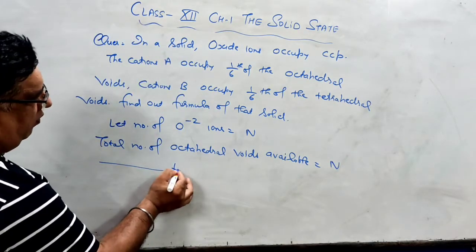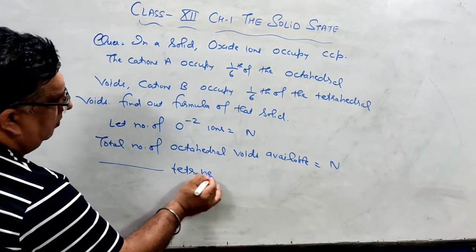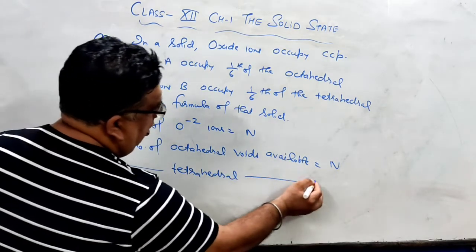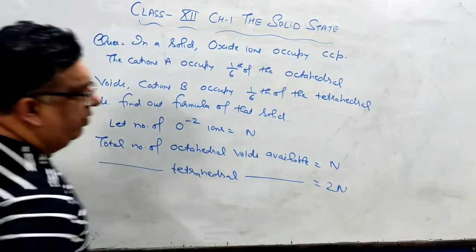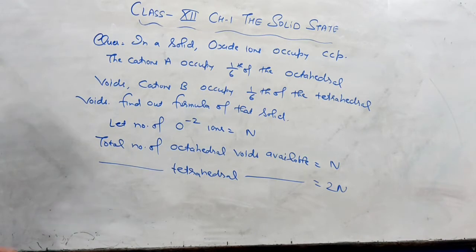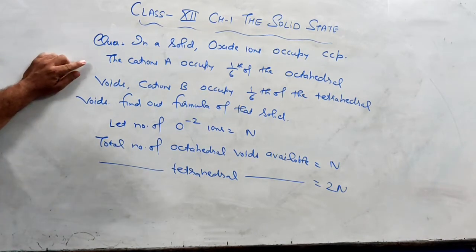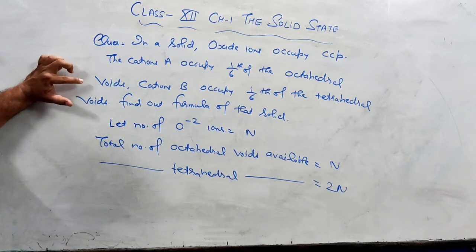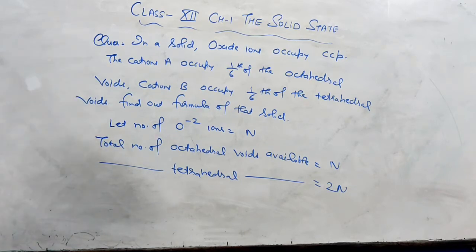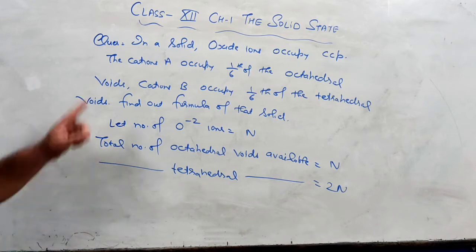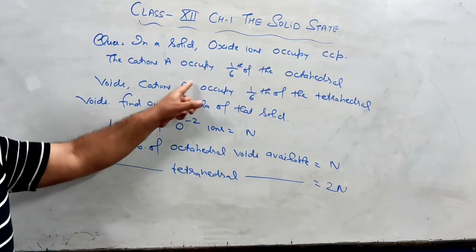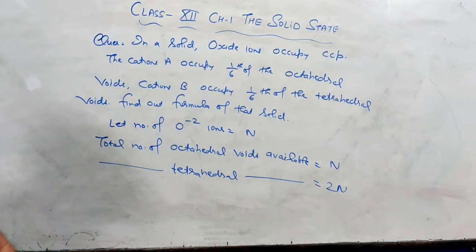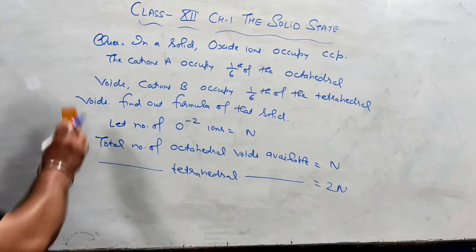And total number of tetrahedral voids available is 2 times the number of octahedral voids, 2n. Now you see that the cations A occupy 1/6 of the octahedral voids and cations B occupy 1/6 of the tetrahedral voids. So here we will find out the number of cations A occupying octahedral voids and number of cations B occupying tetrahedral voids.